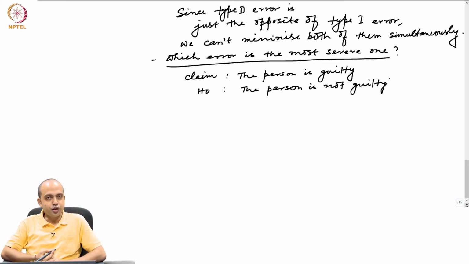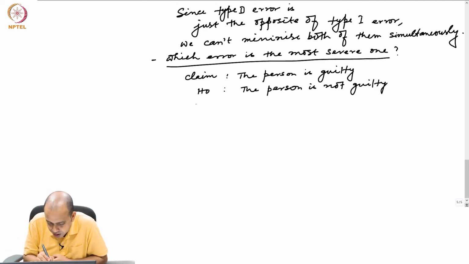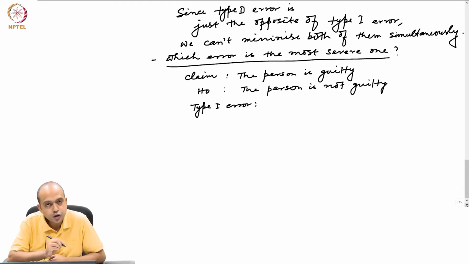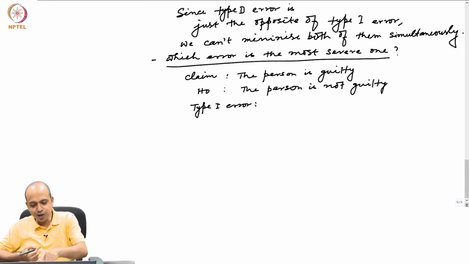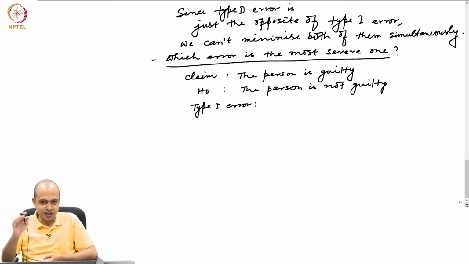Not guilty. Then what would be your type 1 error in this context? So, you reject the null when it is true. That means you are rejecting the null hypothesis, the person is not guilty. The person is actually not guilty, but you are rejecting it when it is true. So, you are sending this person behind the bar. Okay?